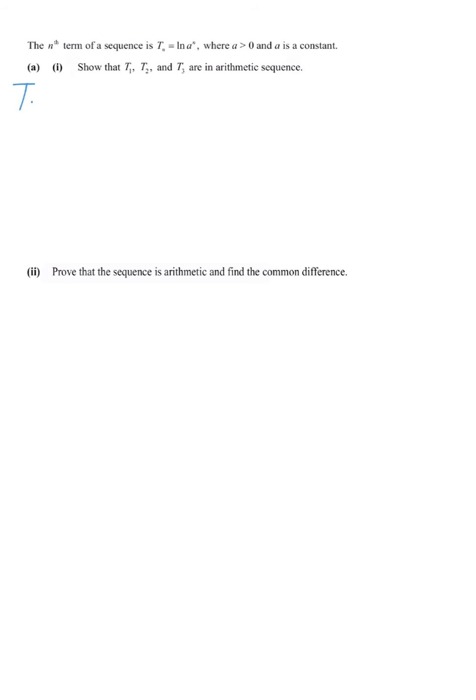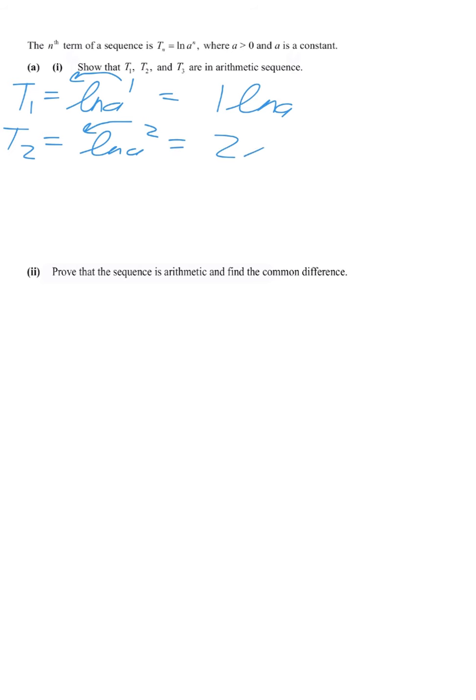So T1 will be equal to ln a to the power of 1. Using laws of logs, the 1 can come down, so that's equal to 1 ln a. Second term, ln a to the power of 2, putting in 2 instead of n. Laws of logs, the 2 can come down, so we have 2 ln a.